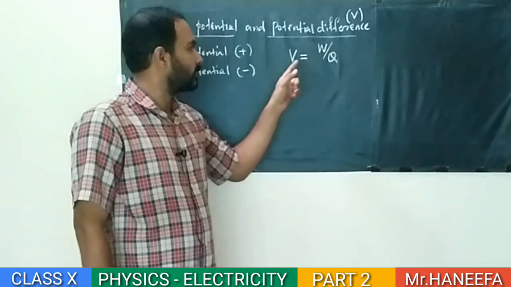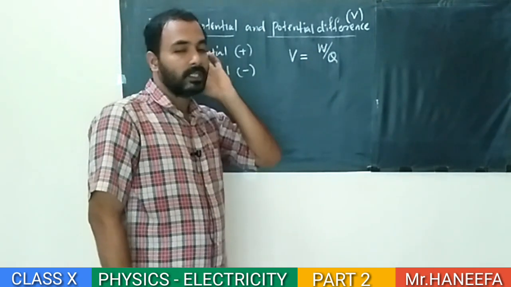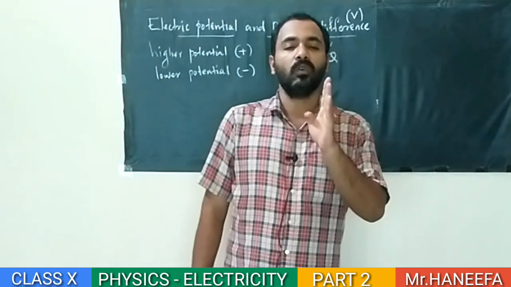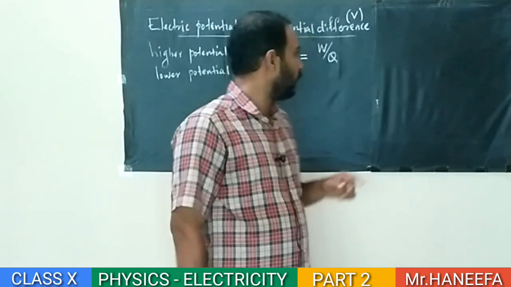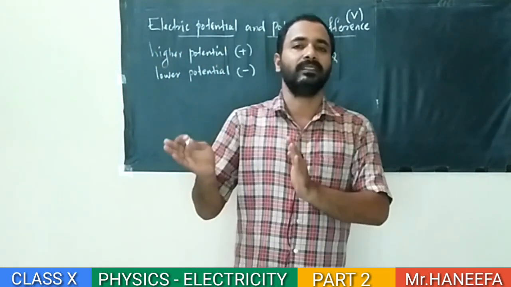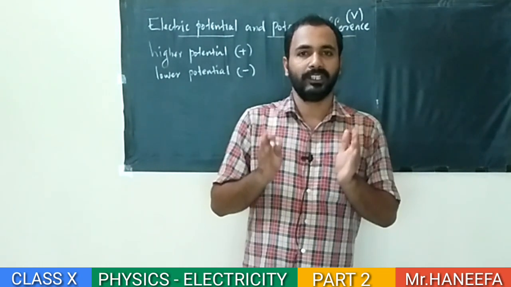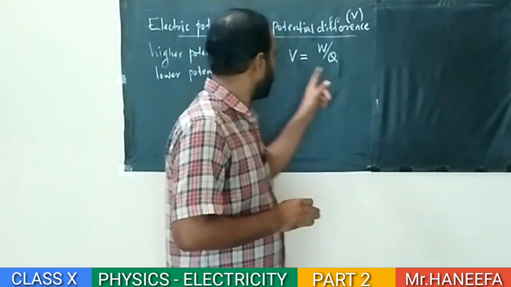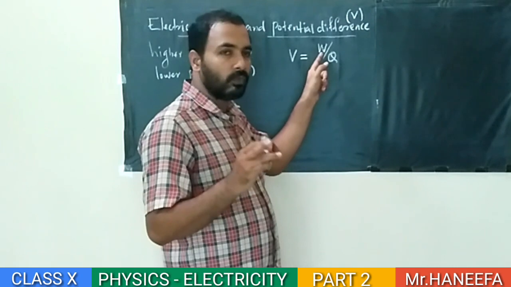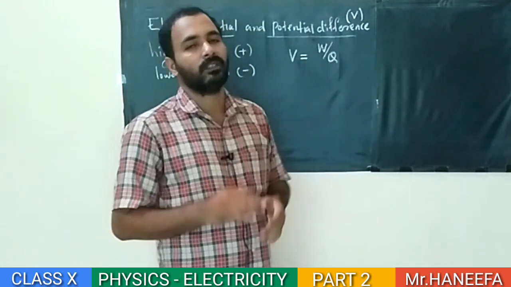Potential difference is represented by a letter V. V equal to W by Q. So, potential difference is defined as the work done in moving a unit charge from one place to another. That is called potential difference. Potential difference is equal to the work done in moving a unit charge from one place to another place.